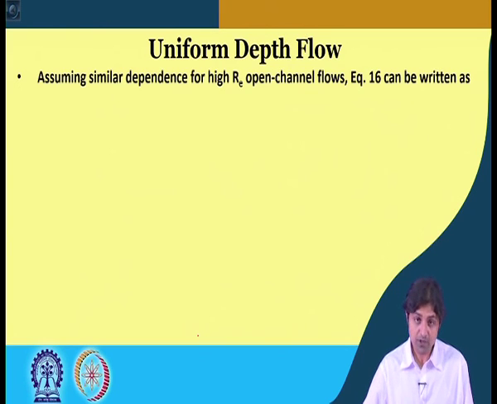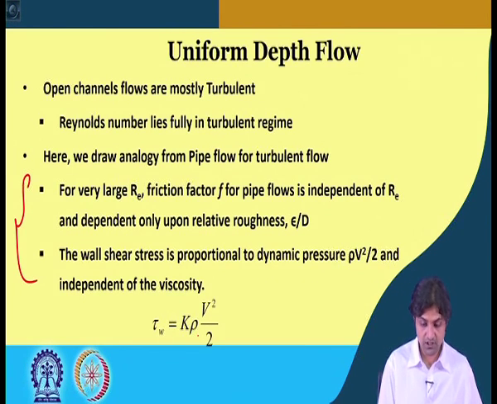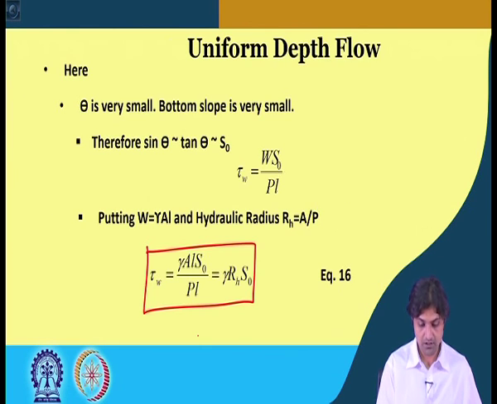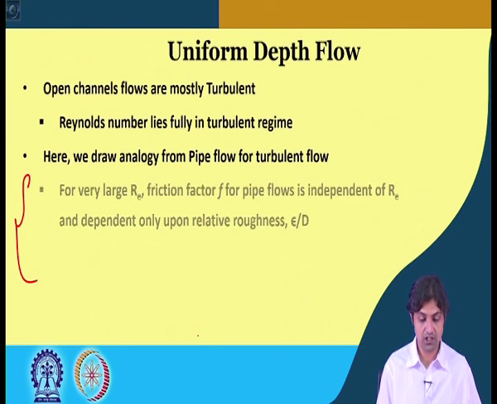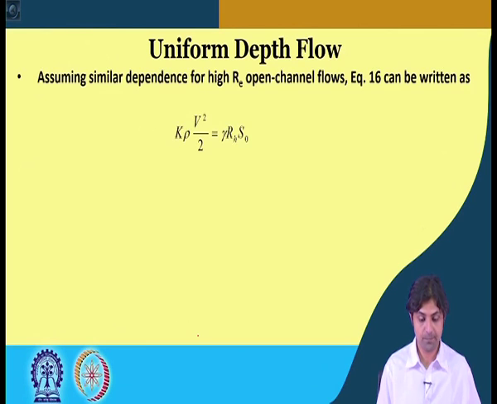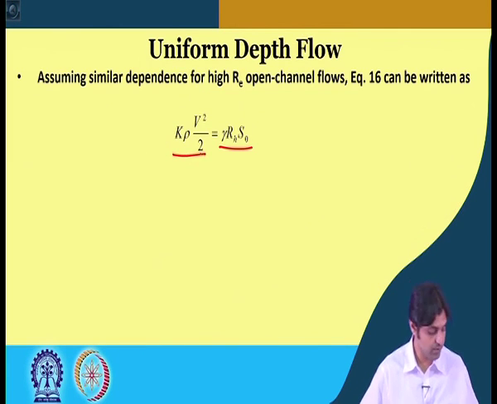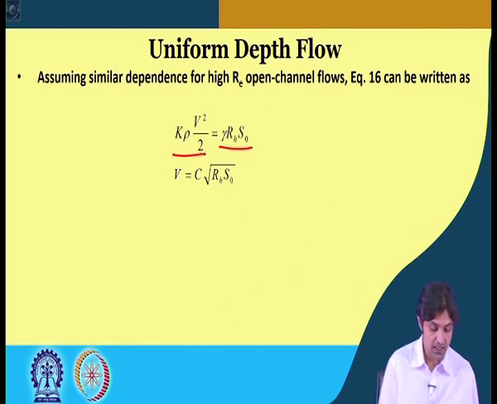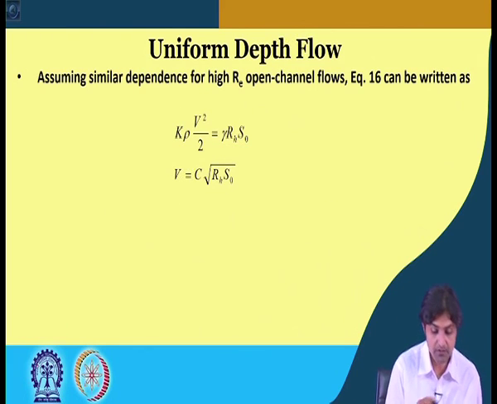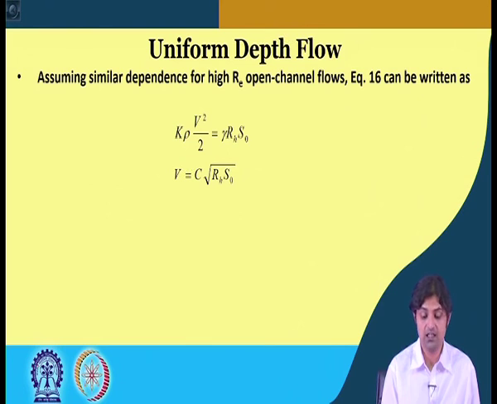So, assuming similar dependence for high Reynolds number in open channel flows, equation 16 can be rewritten. The right hand side we already found, the left hand side we substitute by k rho v square by 2, and we get v is equal to C, another constant.